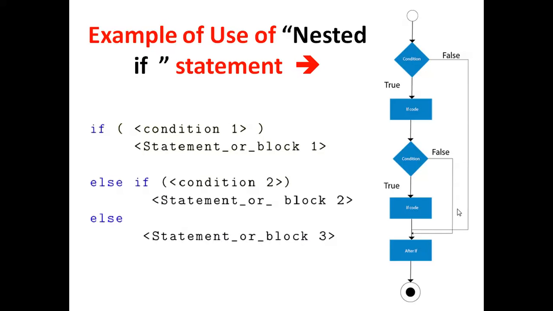Now we'll see the same thing by using the block diagram. We'll first check the condition. If it is true, it will go to the second if code. If this is also true, it will go to if code number 3, which is not written in this syntax. And if this is also true, after the if, the program will execute.